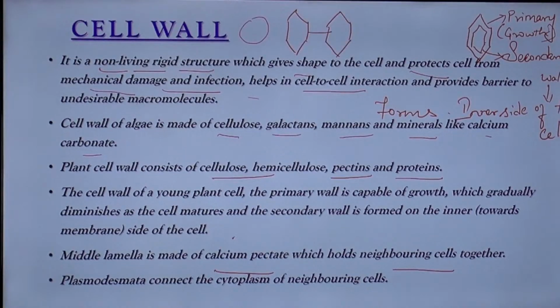Here we have some cell to cell connection. This is plasmodesmata. It connects the cytoplasm. So plasmodesmata connects the cytoplasm of neighboring cells. This is plasmodesmata.